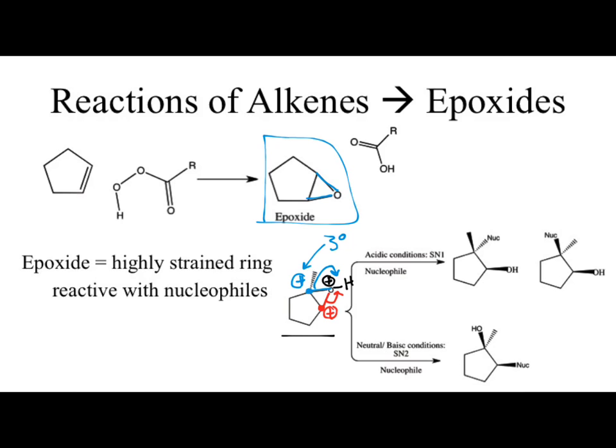What about the red one? It's secondary. If we're looking under acidic conditions, which of those bonds is going to break first, our red or our blue? The blue, so that we can form our tertiary carbocation, which means where does our nucleophile attach? At that position.